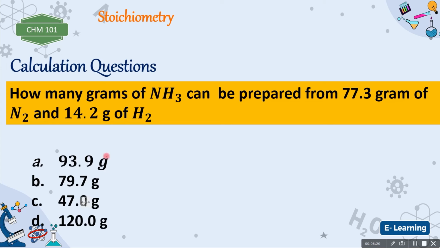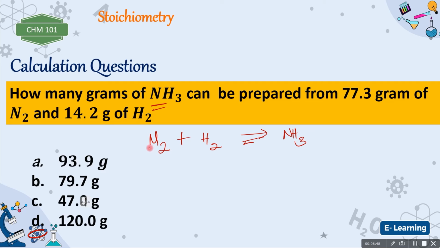Let's see this question. How many grams of NH3 can be prepared from 77.3 grams of N2 and 14.2 grams of H2? So we have N2, let's write a balanced equation. N2 plus H2 will give us NH3, the Haber process.